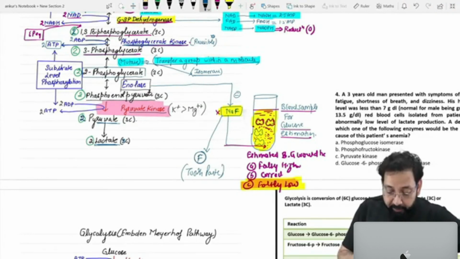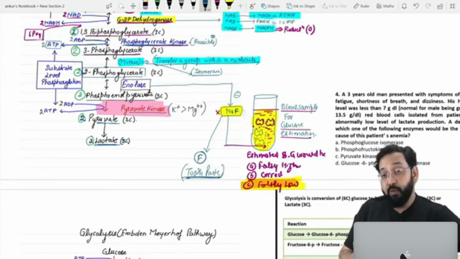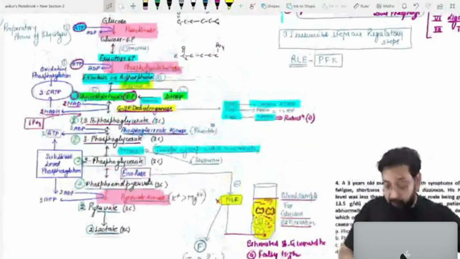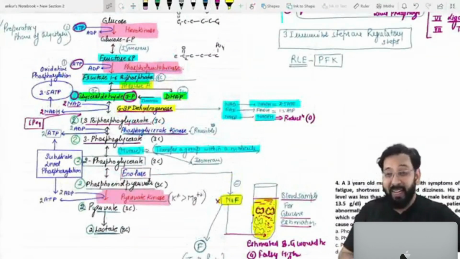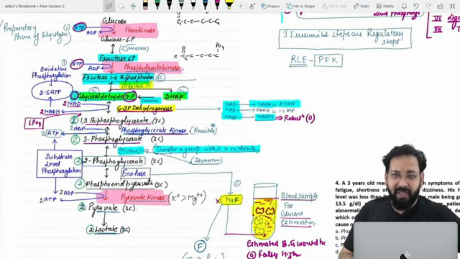So we add fluoride in toothpaste because dental caries are due to acid, and this acid, from fermentation of glucose, is mainly lactic acid. If we inhibit this enolase, there would be no lactic acid formation. That's why toothpastes have fluoride.